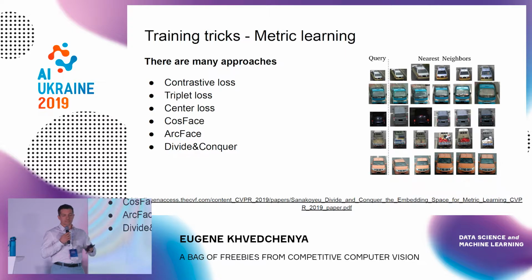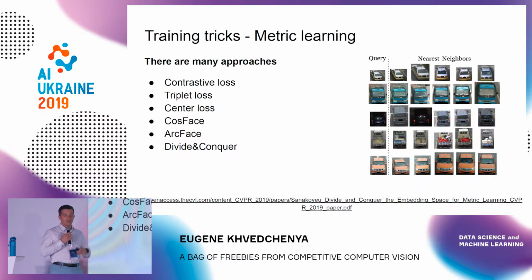Less famous are center loss, CosFace, and the two latest ones. ArcFace is really a new one, maybe from 2018, which tries to represent this latent space as a circle, where the direction it's pointing in is basically what the embedding space represents. And the last one, the divide and conquer method, was used exactly in the whale competition.